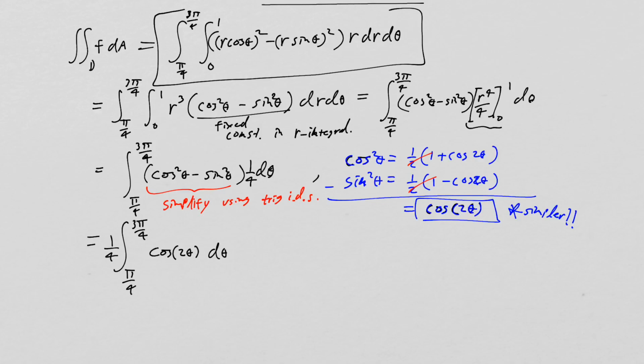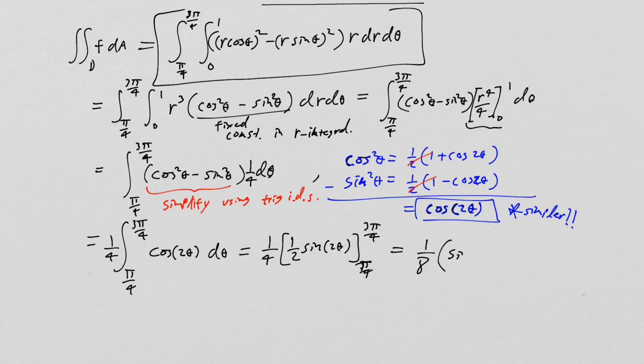And don't forget the 1/4, which we can put out front. And now the antiderivative of cosine 2 theta is going to be 1/2 times sine 2 theta. And we're going to evaluate at our pi over 4 and 3 pi over 4 like so. And that's going to give us a 1/8 due to that 1/2 there.